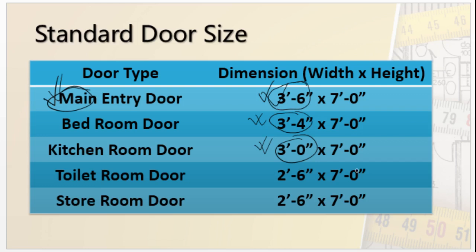In the toilet only 2 feet 6 inch, that means only people will use it; you will not use any table or chairs within the toilet or storeroom. That's why we don't need a very large width for the washroom or storeroom door. So from our common sense we can easily understand this.